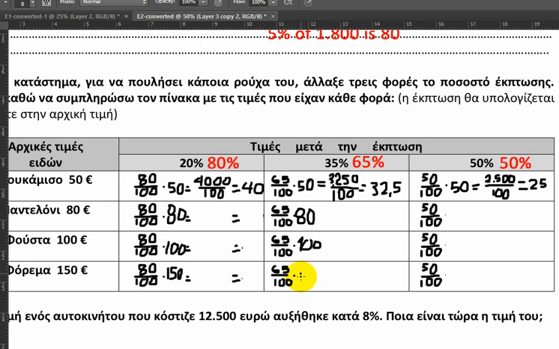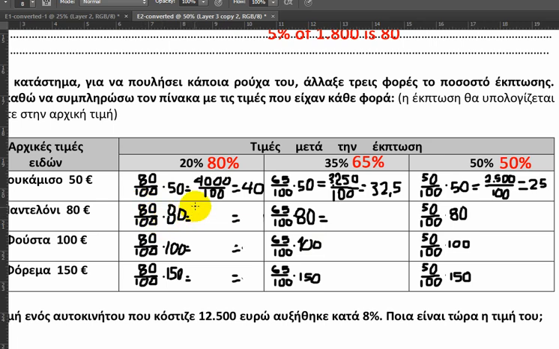And here it's 150. Okay, there we go. Now that we got that all cleaned up, we can continue.